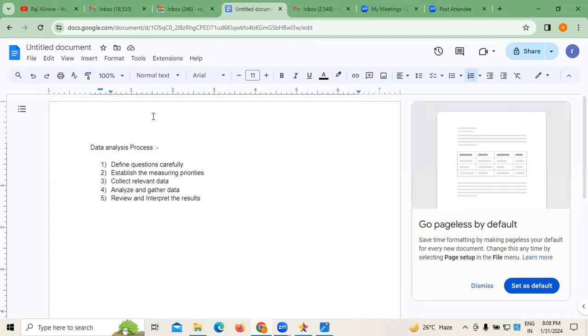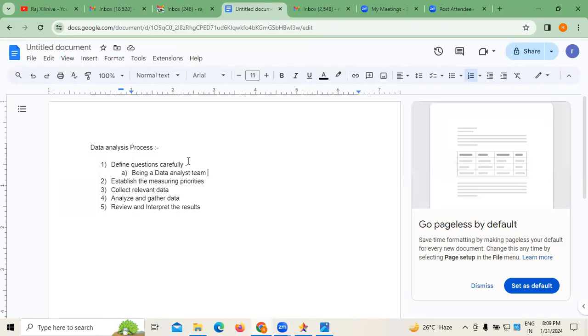Now, if you understand the first one, which is called defining the questions carefully, right? This is what something we have taken. Now, when it comes to defining the questions carefully, this is where, being a data analyst team, I'm writing the step procedures because this is something being a group activity you should understand, because data analysis is not something a single individual performs, because there is a lot of data which is involved in any organization.